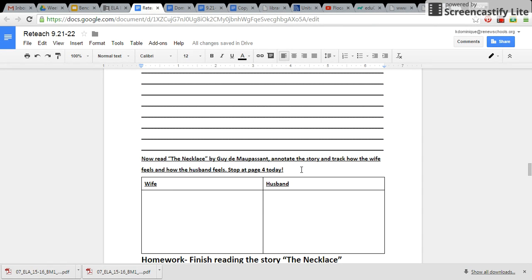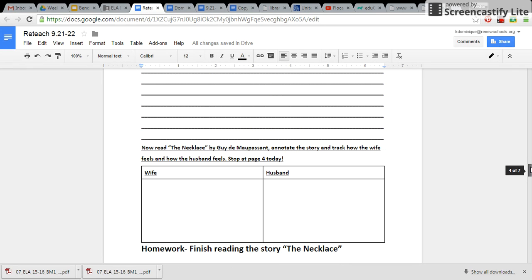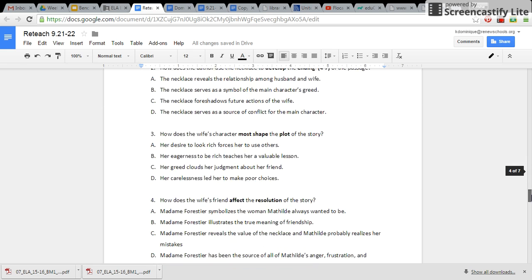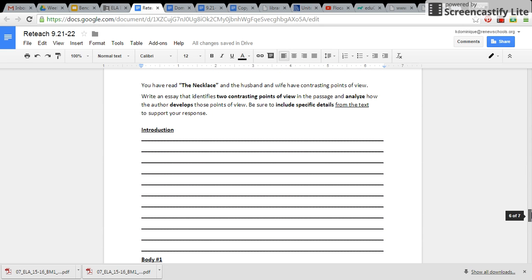It will be different. Tomorrow, after we completely finish reading the story and discussing the story, you're going to have to answer some multiple choice questions that are very similar to what you saw on the benchmark. And you will also have to write an intro and a body paragraph for the story, The Necklace. And the prompt is basically the same as what you saw on the benchmark.